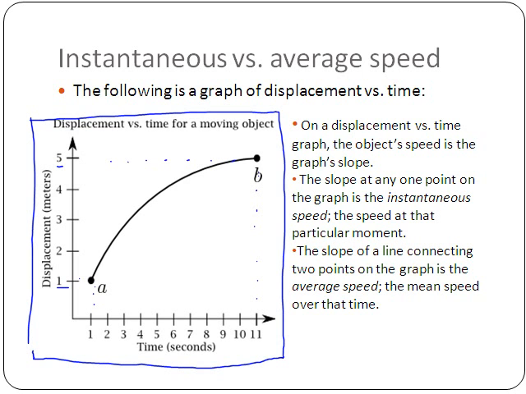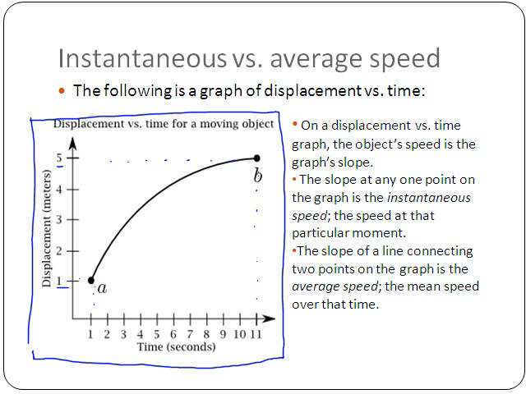So basically this object is moving, and it's changing its displacement, and we can see in this graph how it changes displacement as a function of time. If we have a graph like this, this gives us an idea of how speed works, because on a displacement versus time graph, the object's speed is the slope of the graph. Slope is rise over run.